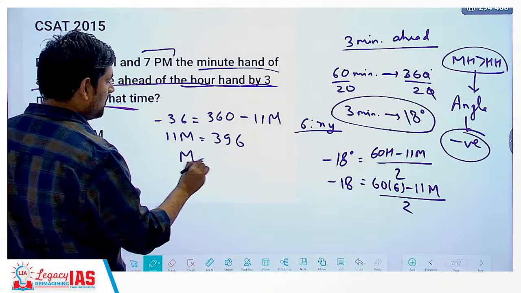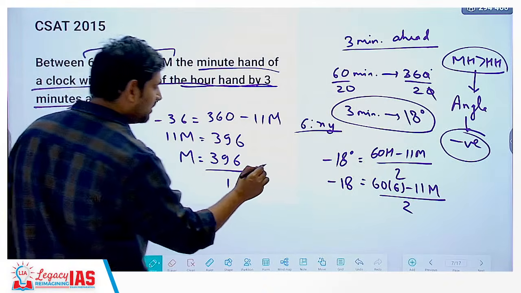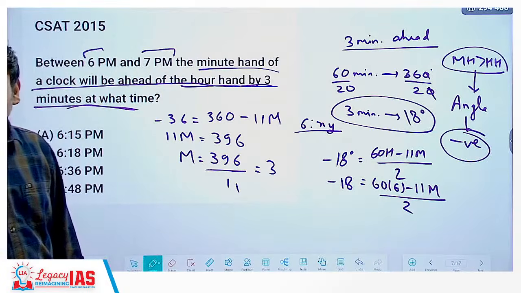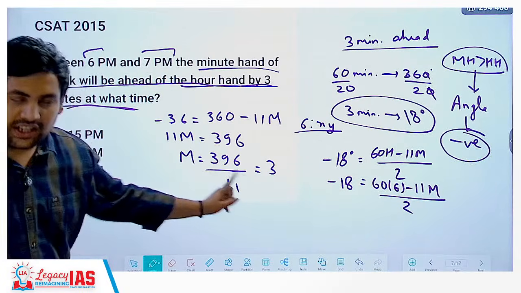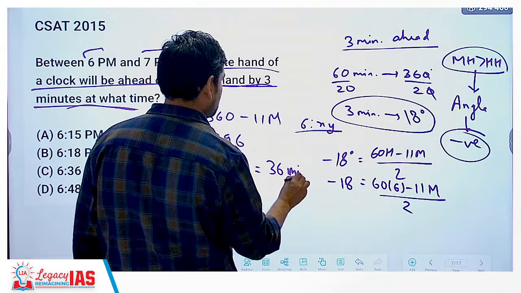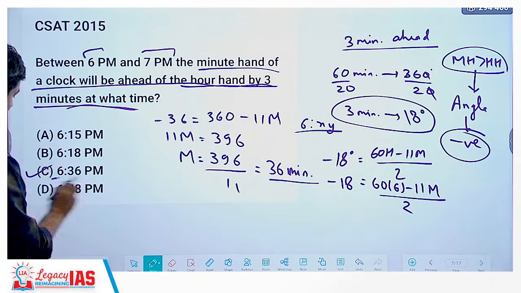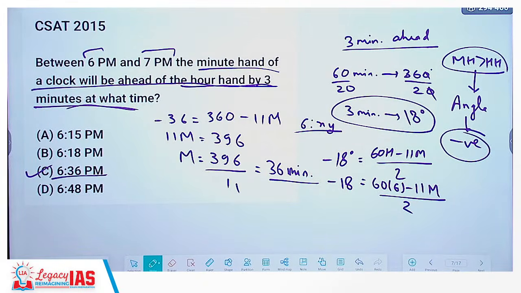Then m came out to be 396 by 11. How many times this will go? This goes 3 times. What remains? 66. With 66 it goes 6 times. So this is 36 minutes. So answer became what? 6 hours and 36 minutes.